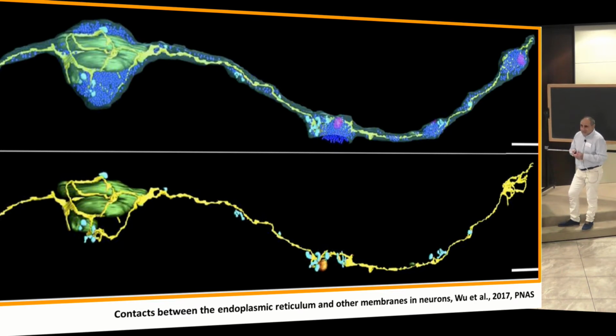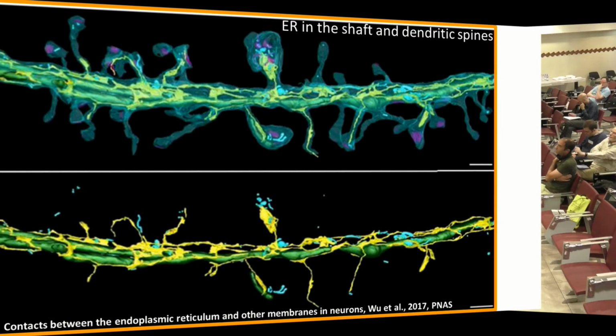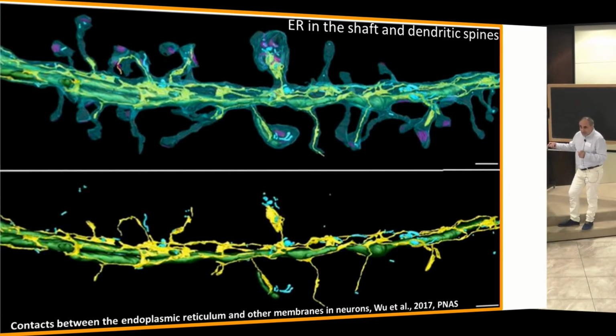Now I wanted to describe another perhaps very ancient mechanism, which was already mentioned yesterday, which is store-operated calcium entry. So ER exists in many compartments of the neuron, not only in the cell body, but also in the axon, for example, as you can see here in yellow, and these are boutons, perhaps, with mitochondria and so on. And if we go to an adult dendrite, remember this, we can find it also in some spines.